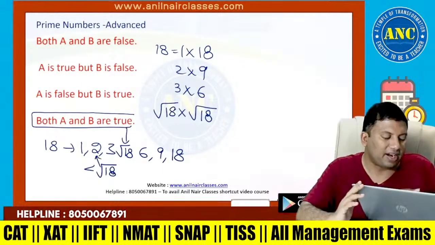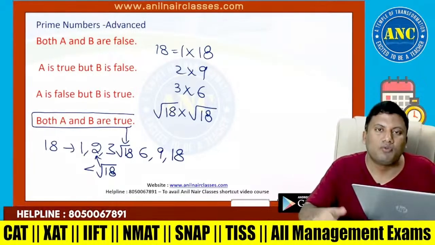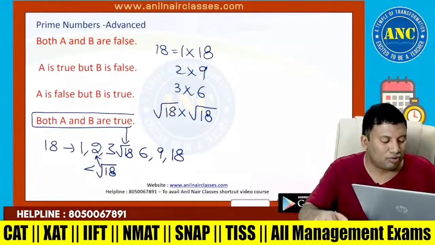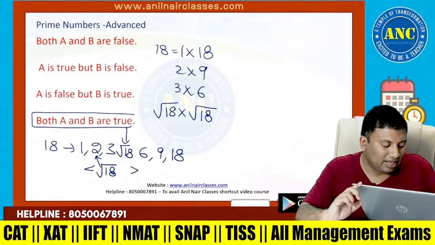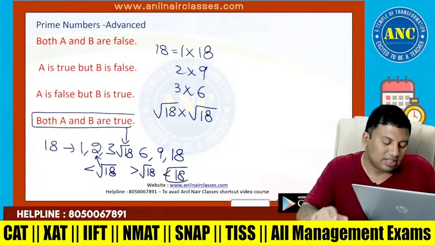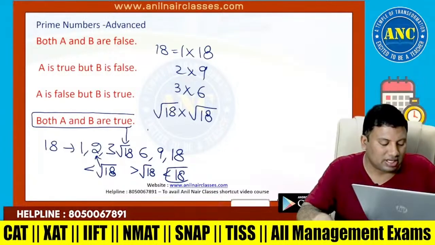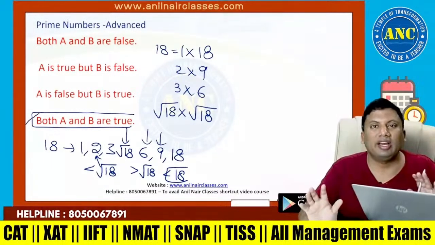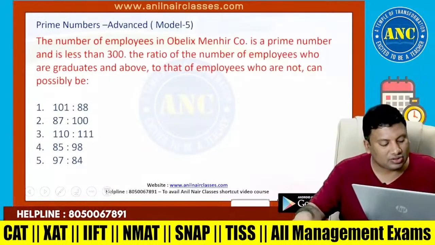Root 18 is 3 root 2, about 4.2. What are all the positive integers less than 4.2? 1, 2, 3. Some of these will divide. Now greater than root n and less than 18, that is greater than 4.2: 6 and 9 will divide. So the answer is both A and B are true. I hope the idea is clear. Next one, another question.